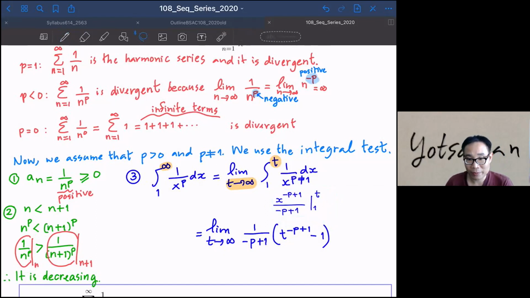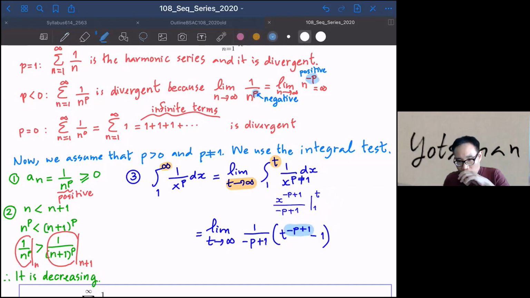I make this a little bit smaller. Then you see that it will depend on negative p plus 1.